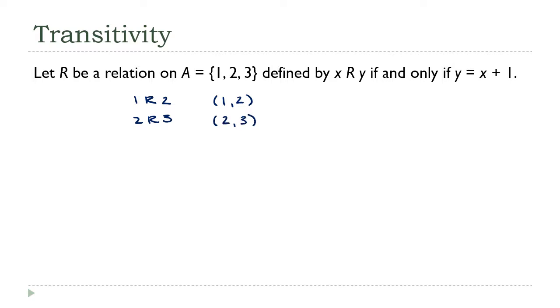So you're thinking here, right? I want to build this R^T, this transitive closure. So to do that, I have to think to myself, okay, well, what are the transitive relationships that I could build from this? Well, we saw on the last slide, right? If 1 is related to 2 and 2 is related to 3, then if this is going to be transitive, it must also include 1R3.